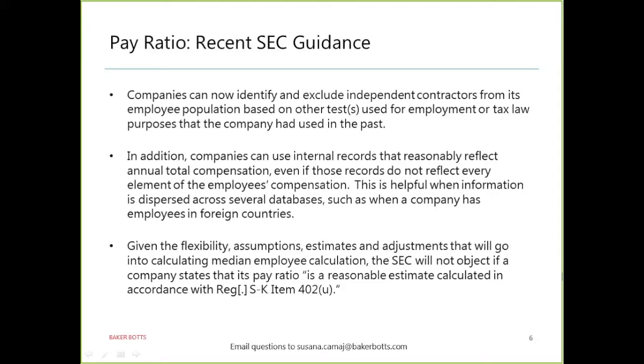And if equity grants were a common or widely paid element of compensation for the company's workforce, then there was some concern that maybe W-2 records couldn't be used in order to identify who the median employee is. And so this interpretive guidance, I think, laid to rest those concerns.